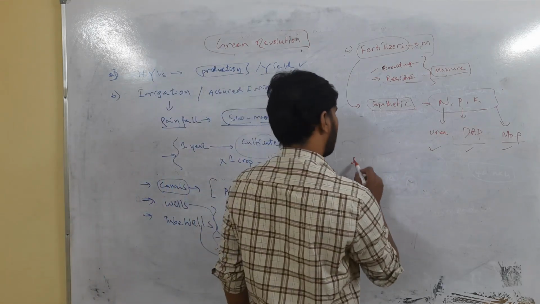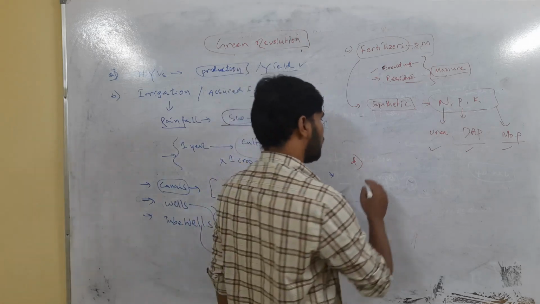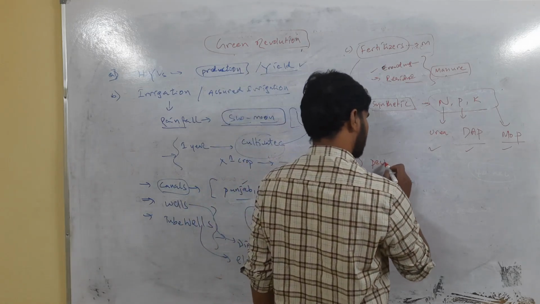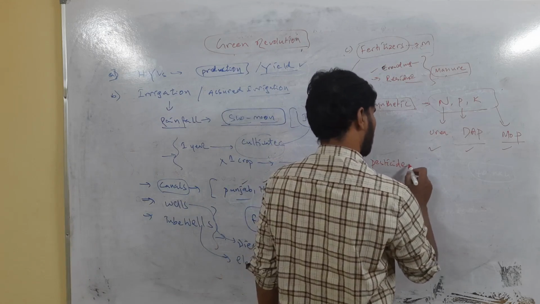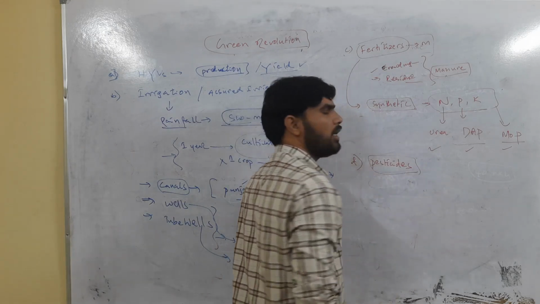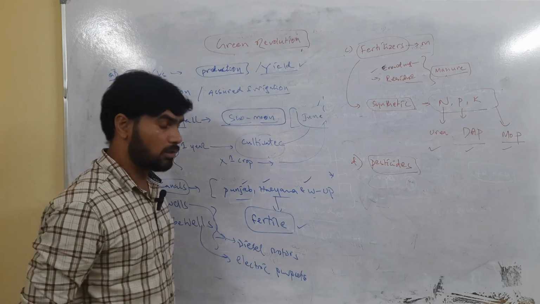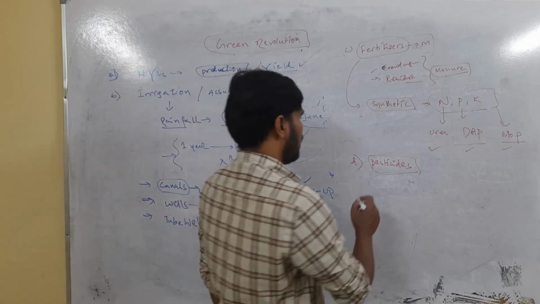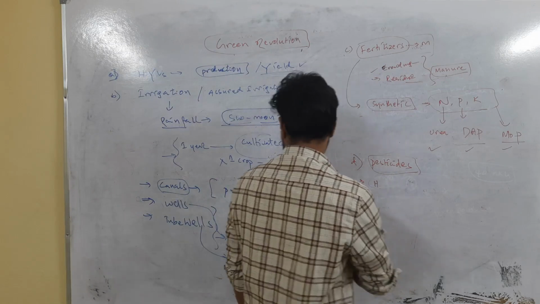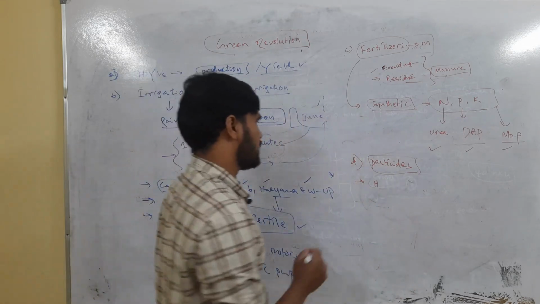Then another change was the use of pesticides. What is the need for use of pesticides? We have seen these hybrid varieties we are using.